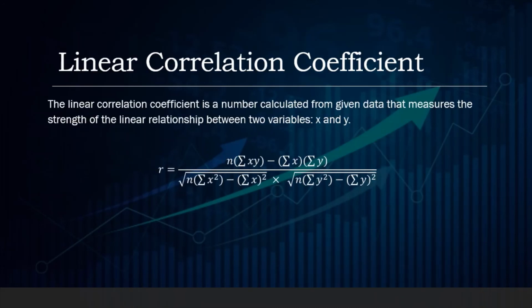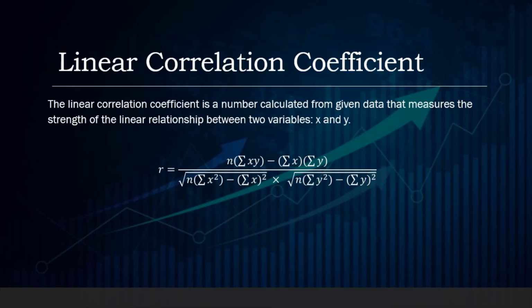Linear correlation coefficient. The linear correlation coefficient is a number calculated from given data that measures the strength of the linear relationship between two variables, x and y. Here is the formula needed.